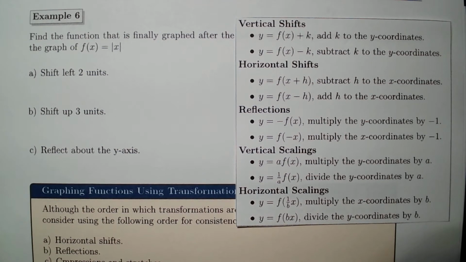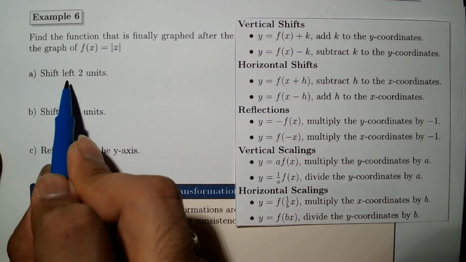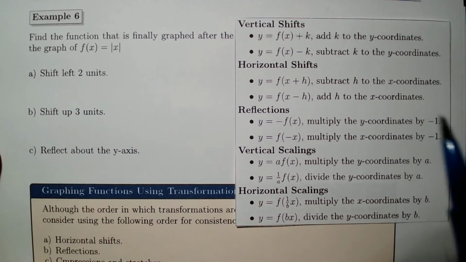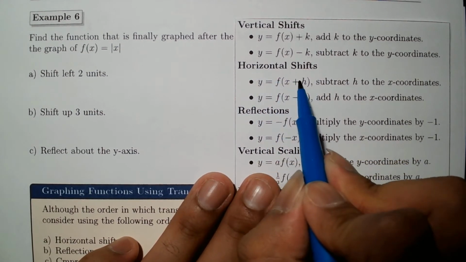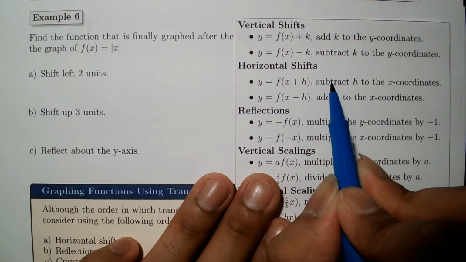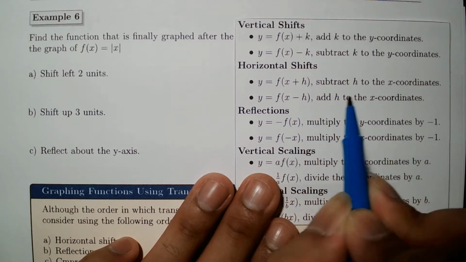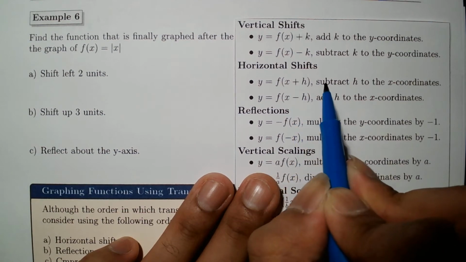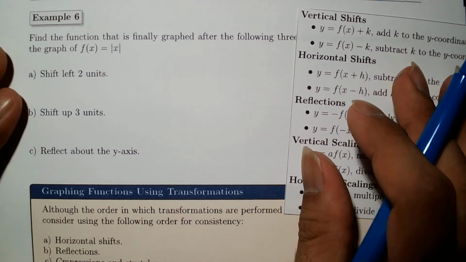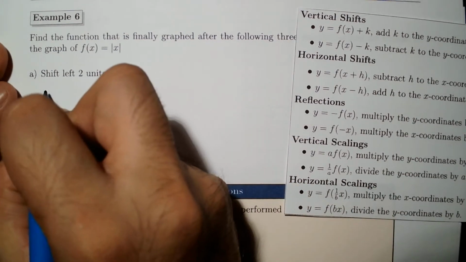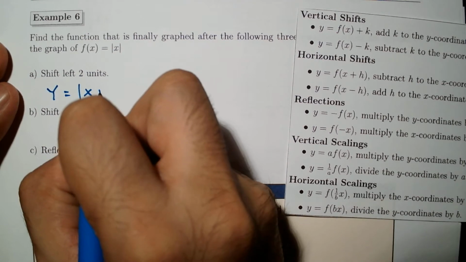So in this case, we want to shift this function to the left. It's a horizontal shift. Again, subtract goes to the left, add goes to the right, but in the opposite sign. So to shift to the left, I'm going to have y equals absolute value of x plus 2.